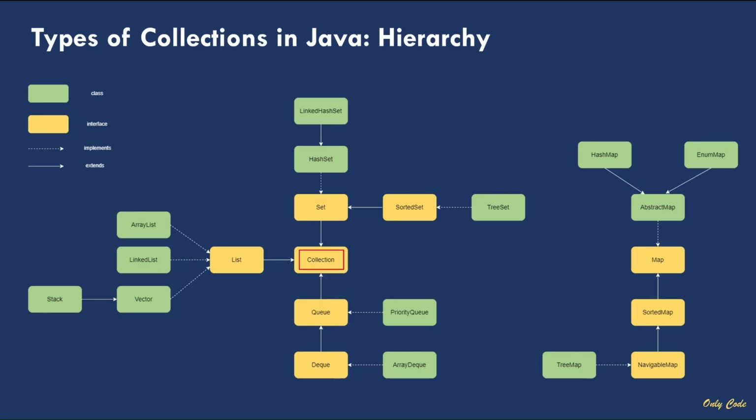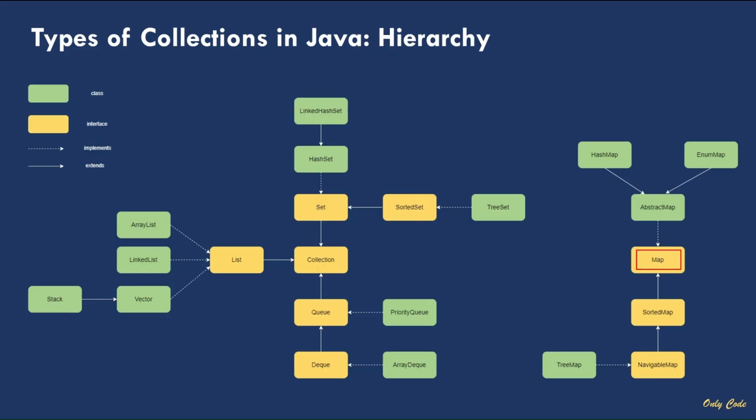From there, we have three main sub-interfaces: list, ordered collections that allow duplicates, like ArrayList and linked list; set, unordered collections that don't allow duplicates, such as HashSet and TreeSet; queue, a collection designed for holding elements in a specific order, typically FIFO, with implementations like linked list and priority queue.